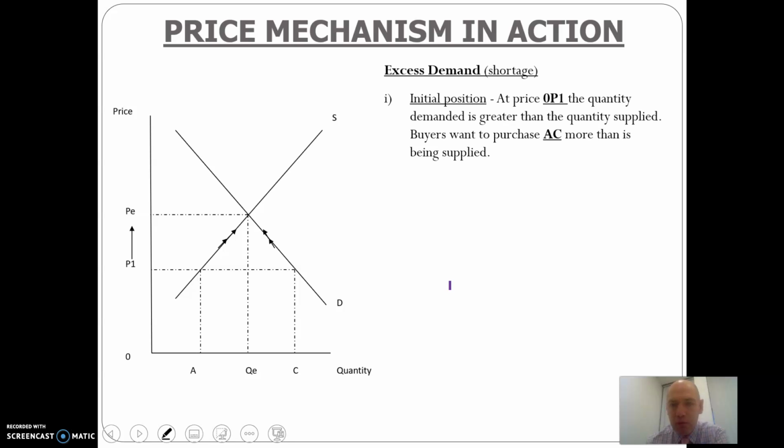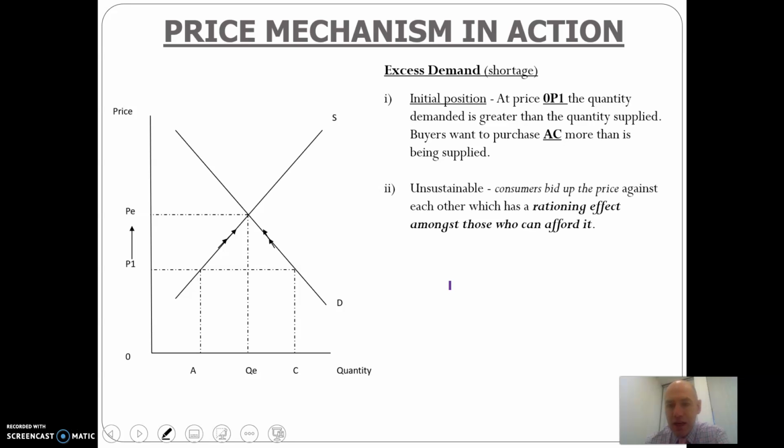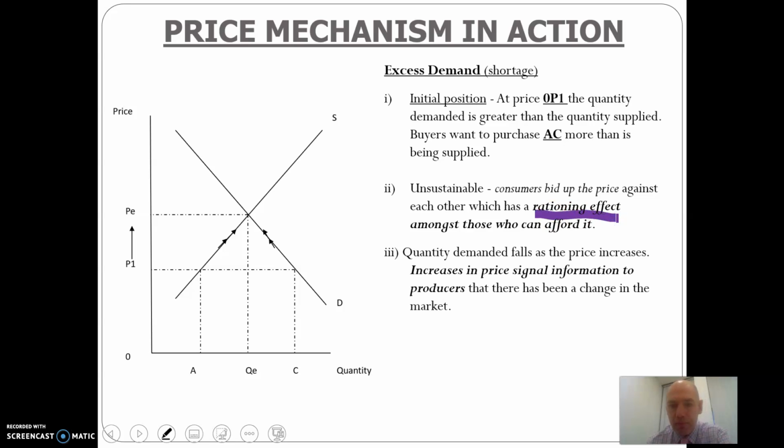At a low price P1, initially at that low price, quantity demanded is 0C, whereas quantity supplied is 0A. There's excess demand. This is unsustainable. Consumers will bid up the price against each other, and this has a rationing effect amongst those who can afford it. Emphasize the key terms, rationing effect.